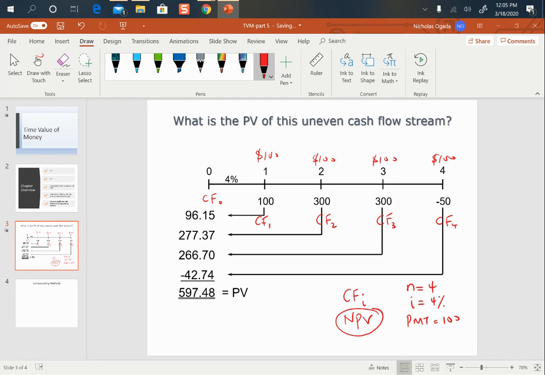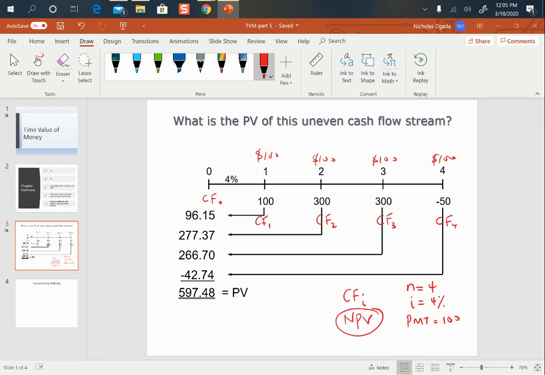The other alternative of not using the CF or the NPV on your calculator is that you could do this on an individual cash flow basis. So what you do is you look at each individual cash flow as a one-time payment, and you adjust the individual payment to the present value at time 0.